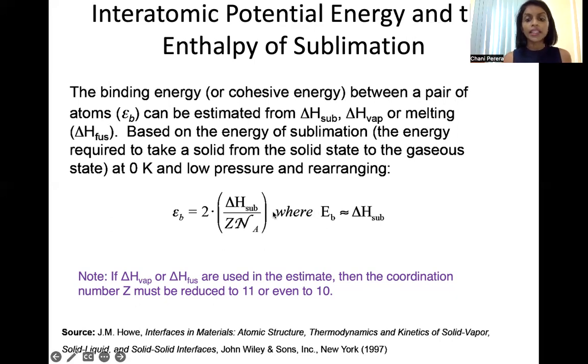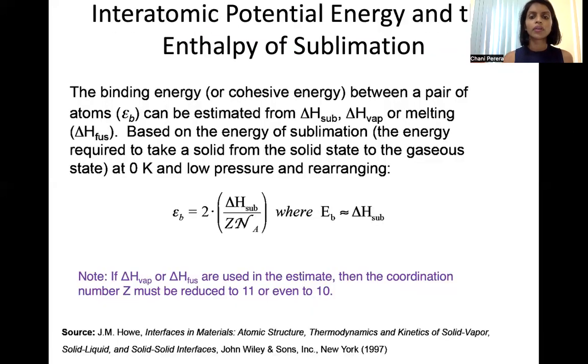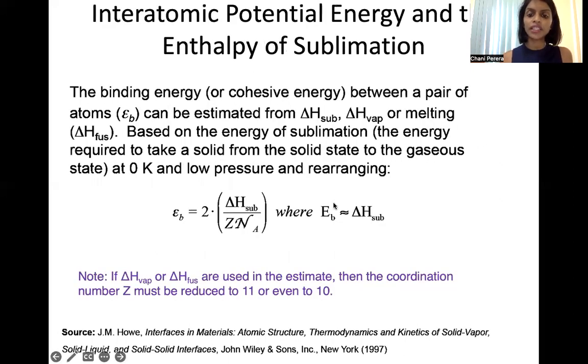Now here, in the previous slide, if you remember, we take this equation, and instead of EB, we substitute the enthalpy of sublimation, right? Then we rearrange it so that we get epsilon B on one side, and the expression in terms of enthalpy of sublimation over the coordination number and the Avogadro number.